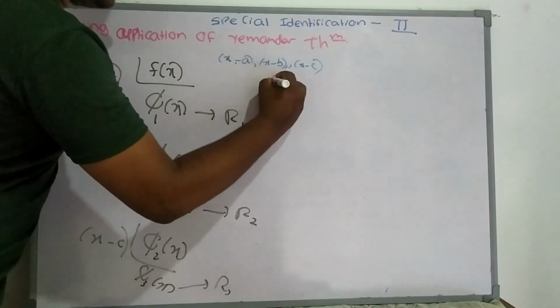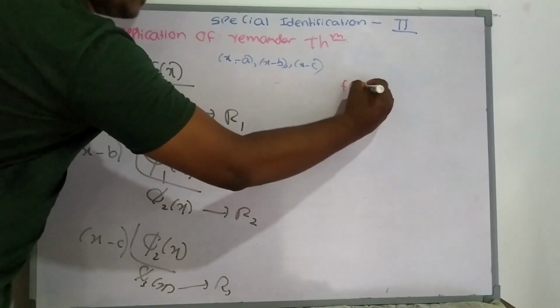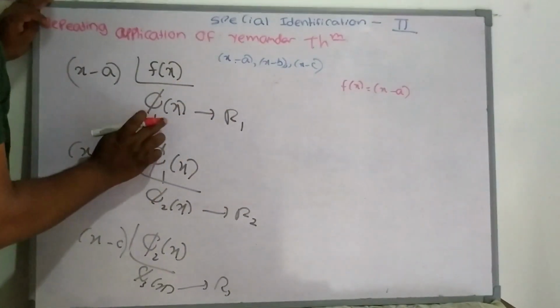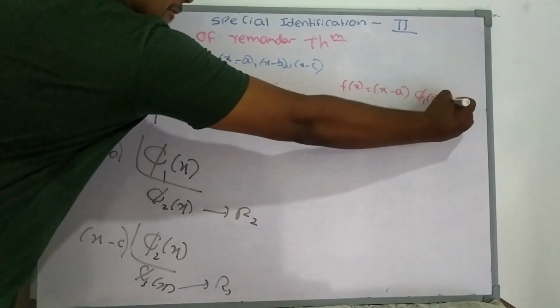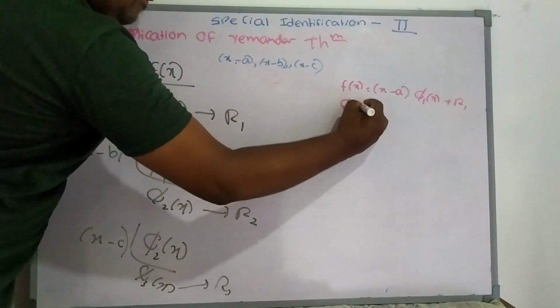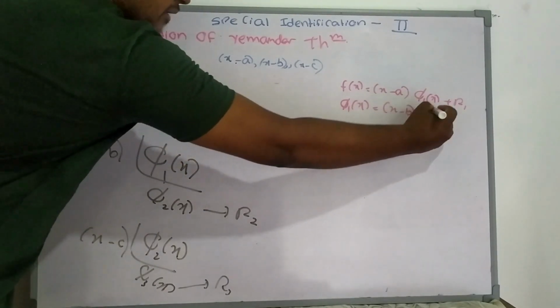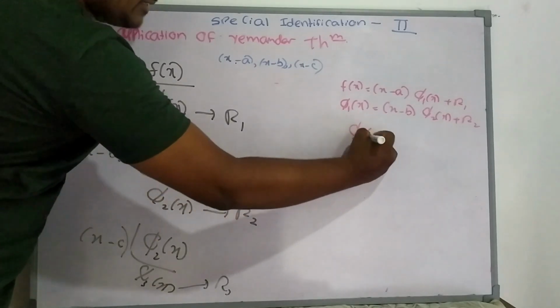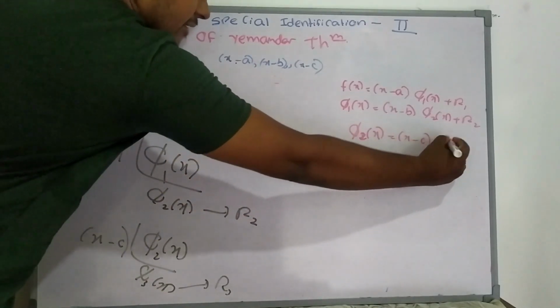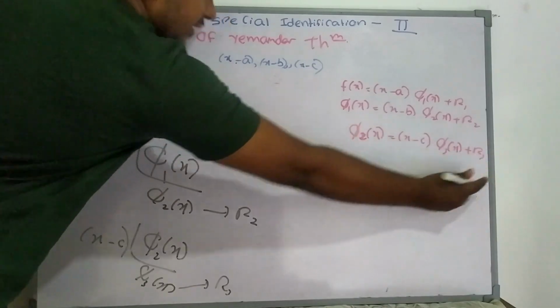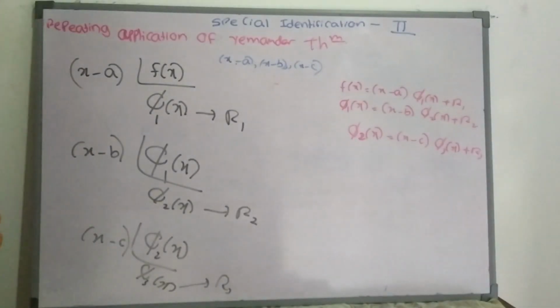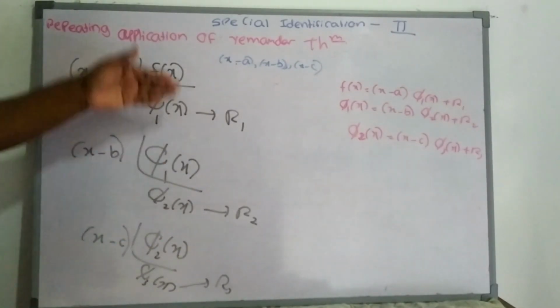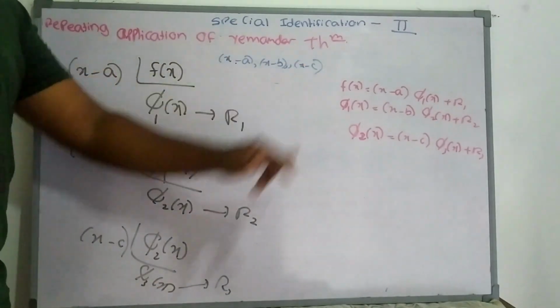Then we can write the result as f(x) equals (x minus a) psi 1(x) plus r1, psi 1(x) equals (x minus b) psi 2(x) plus r2, psi 2(x) equals (x minus c) psi 3(x) plus r3. These are the results using the remainder theorem. The only difference is we divided the function repeatedly with x minus a, b, c, right?